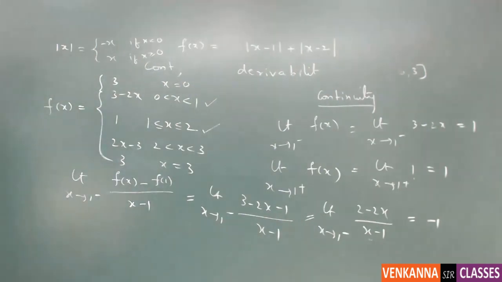The value will be minus 1. So what is the function value here? You are taking the values from this part, right? Minus 2. Where it is minus 2, please tell.